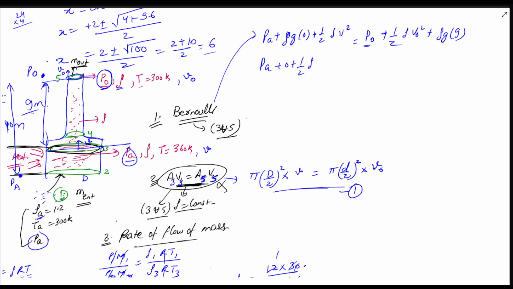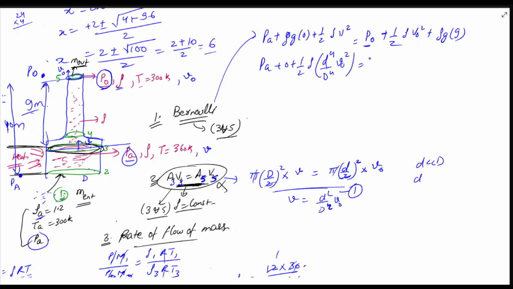Now, as small d is much less than capital D, so we'll find V. This pi by 4 will get cancelled. So we will have D square by D to the power 4 into V naught, and we'll just put it here, so it will be squared. So this will be d power 4 upon capital D power 4 times V naught square.